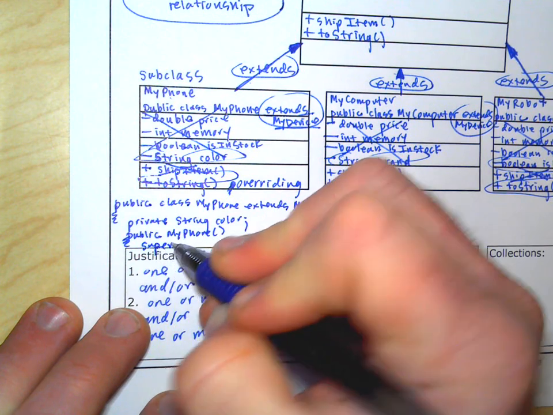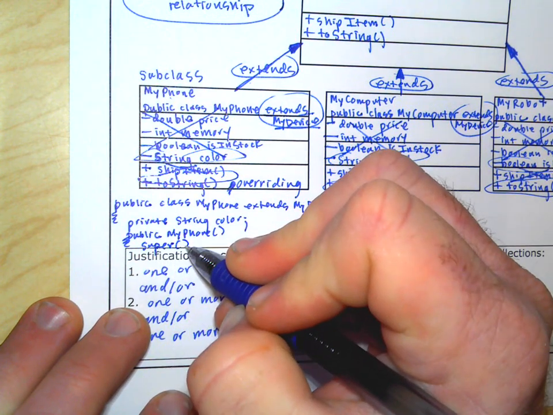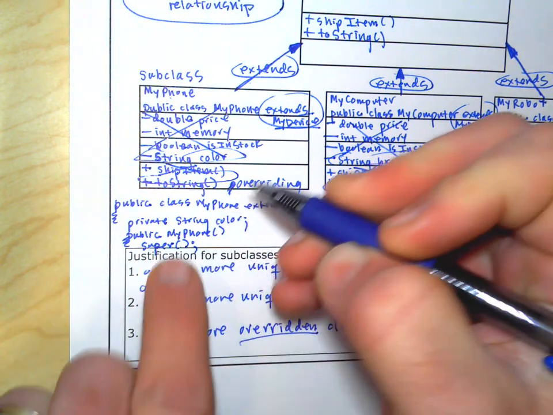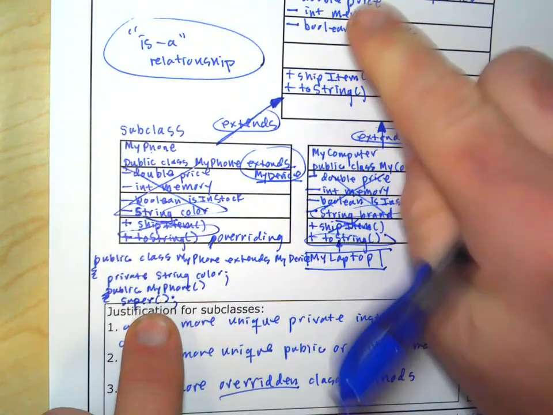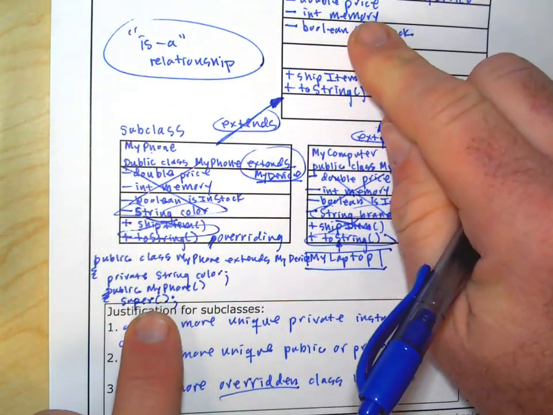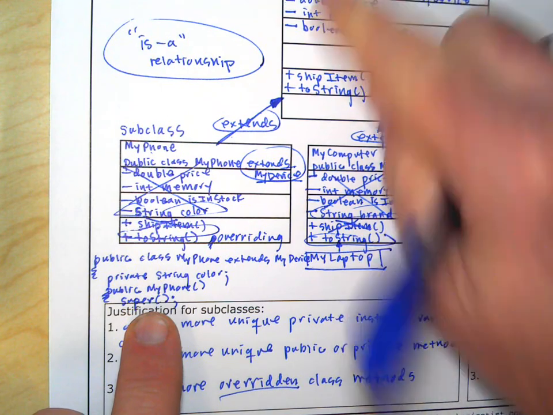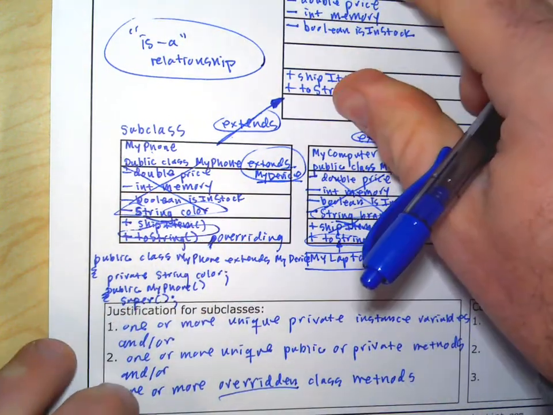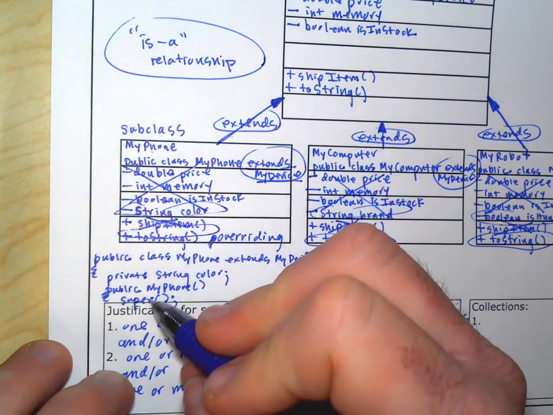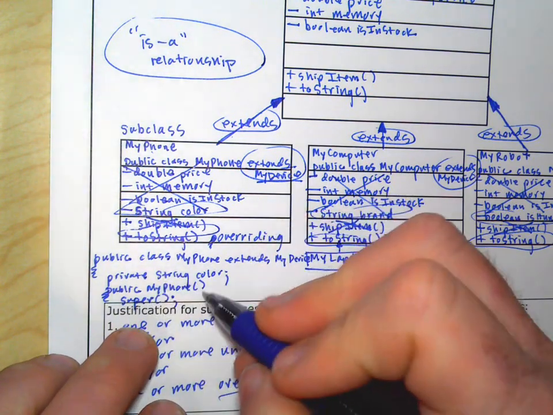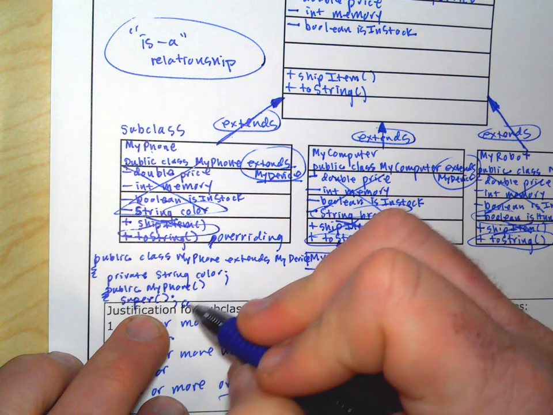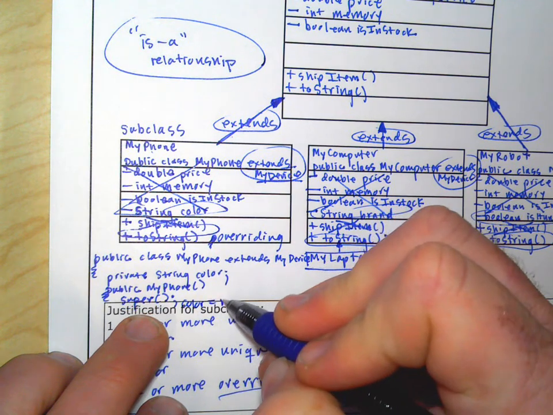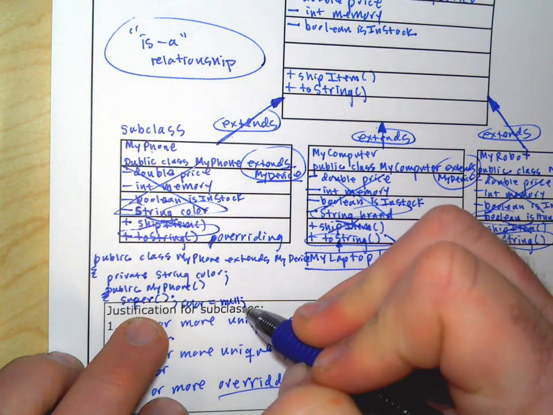Okay? So you say super empty parentheses, and what that does is that calls the constructor up here. This guy has to have its own constructor that constructs this stuff. And so what it does is it calls that, creates a my device, and this has to be the first line of code. And then anything else in here, like color, you'll set equal to null after that.